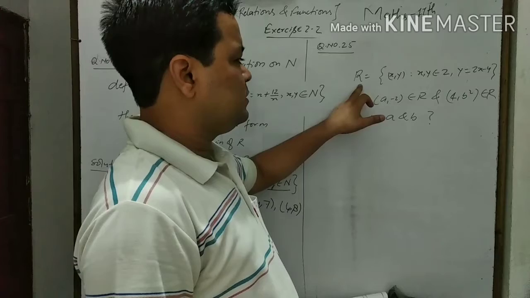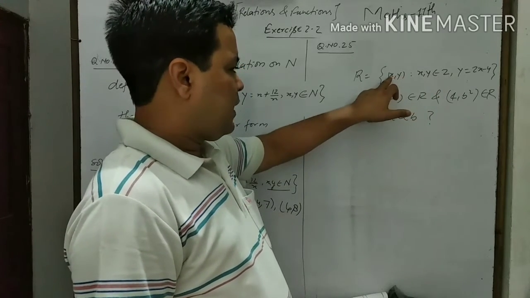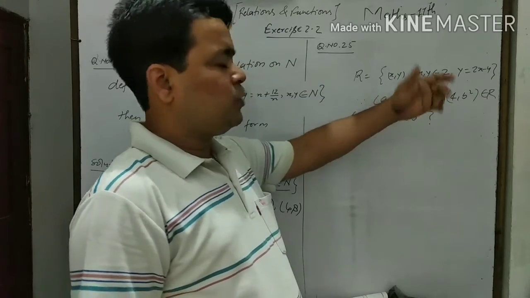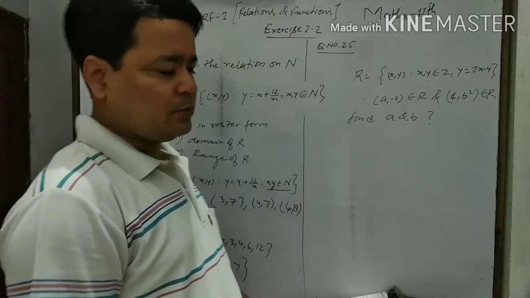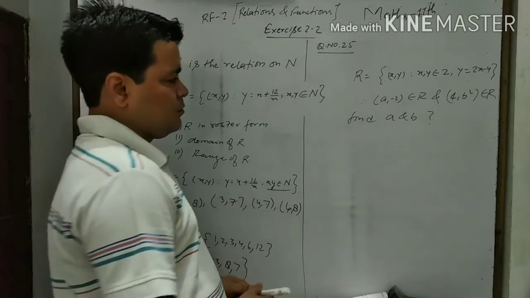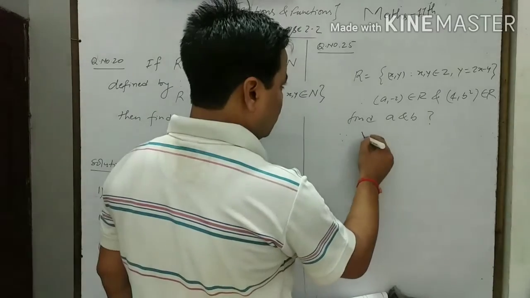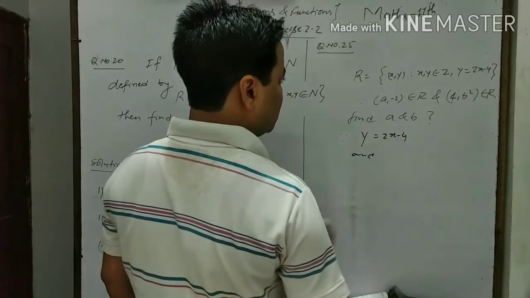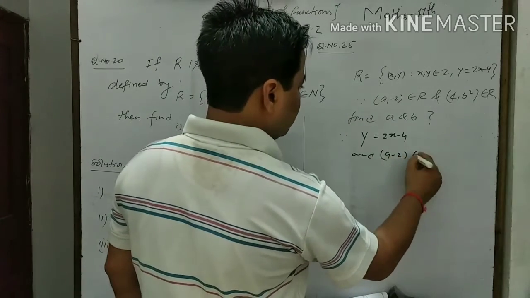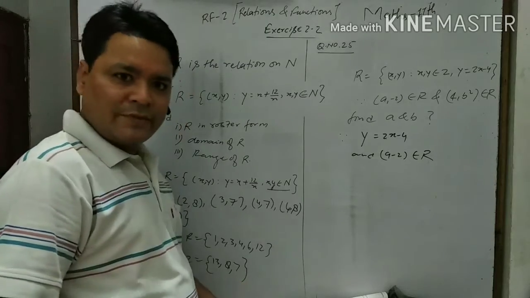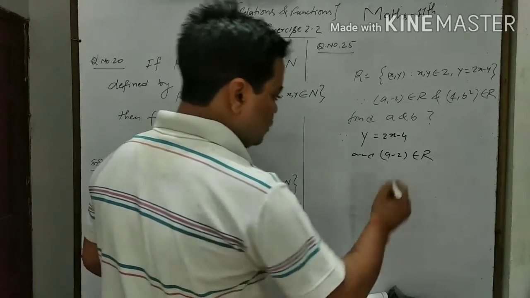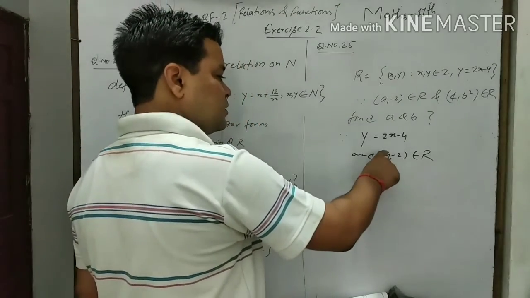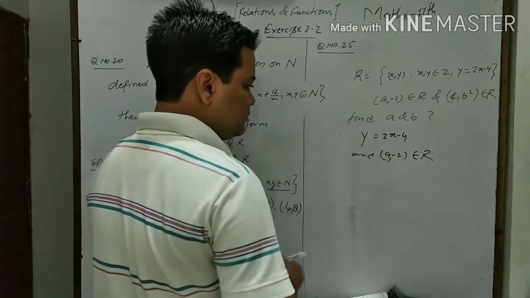Here the relation is given with x and y, where y = 2x - 4. Since (a, -2) belongs to R, the relation between the first term and the second term will be the same.